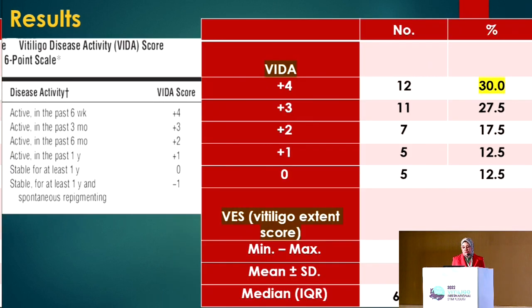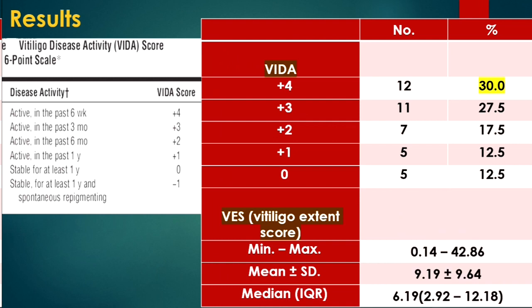As for the VIDA score, 12 patients had a VIDA score of +4, comprising 30% of our cases, and the least VIDA score achieved was 0 in 5 patients. As for the vitiligo extent score, it ranged from 0.14 to 42.86, with a mean of 9.19 plus or minus 9.64.